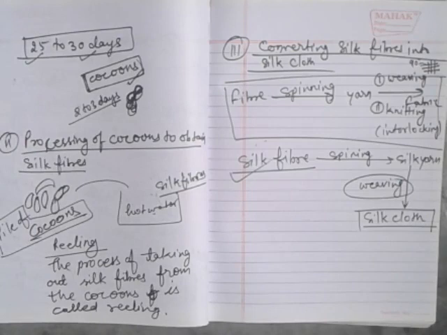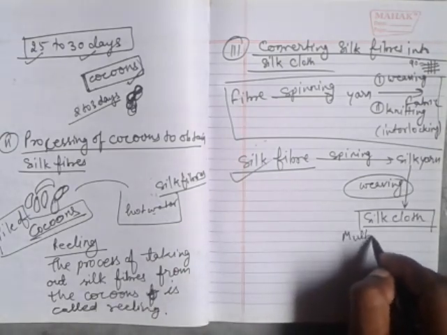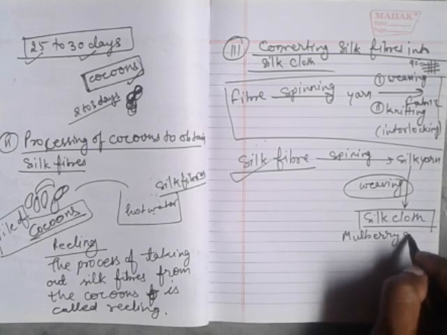There are a variety of silks we can produce from different types of silk moths. This is the mulberry silk, and it is the most common silk produced in our country.